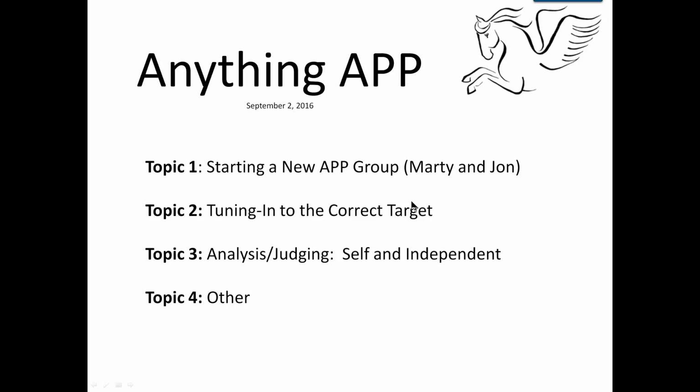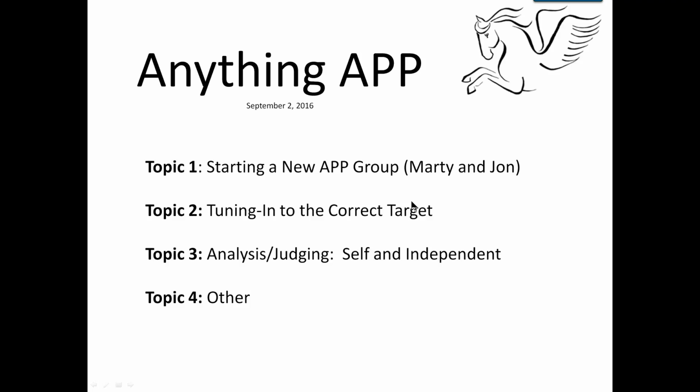Today, we'll be talking about three topics and then open the floor up to anything else. The first one, as you see here, is what's involved in starting a new app group. And Marty, myself, and John will be, in fact, having inputs for that. The second topic is tuning into the correct target.